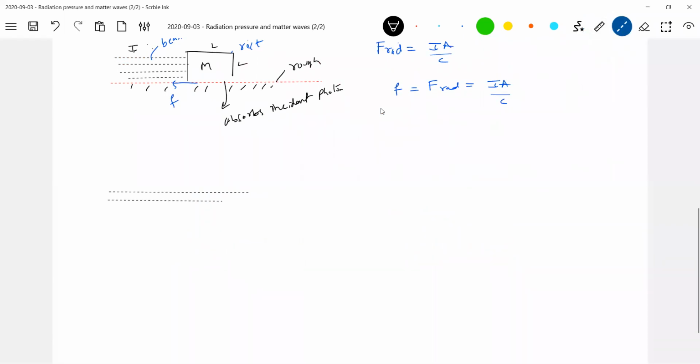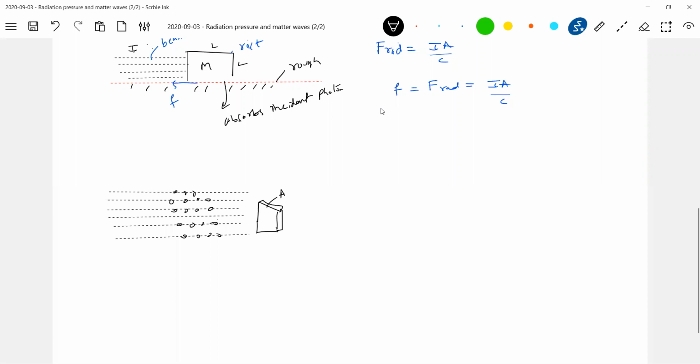So let's take an example here. There's a beam of light. Let this be a surface, and the area of cross section be this one. Here the photons are there. Let me show an incident photon.